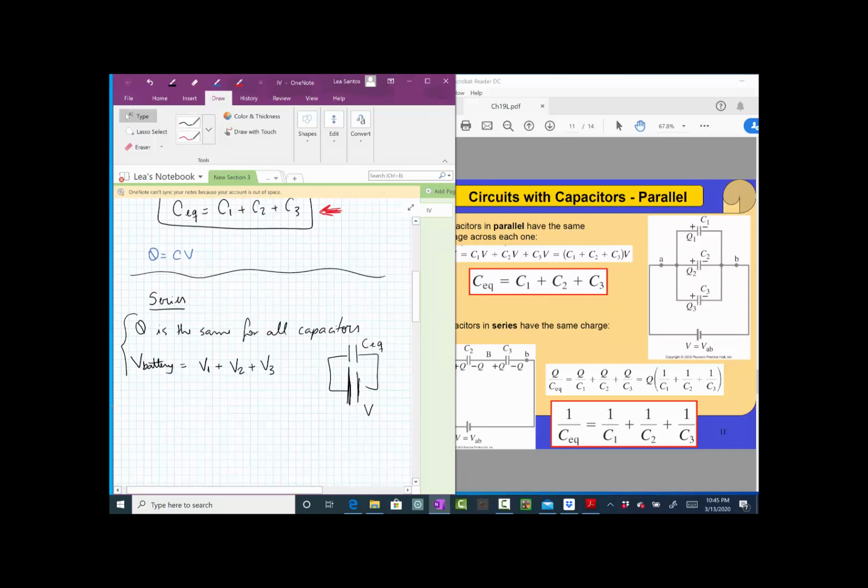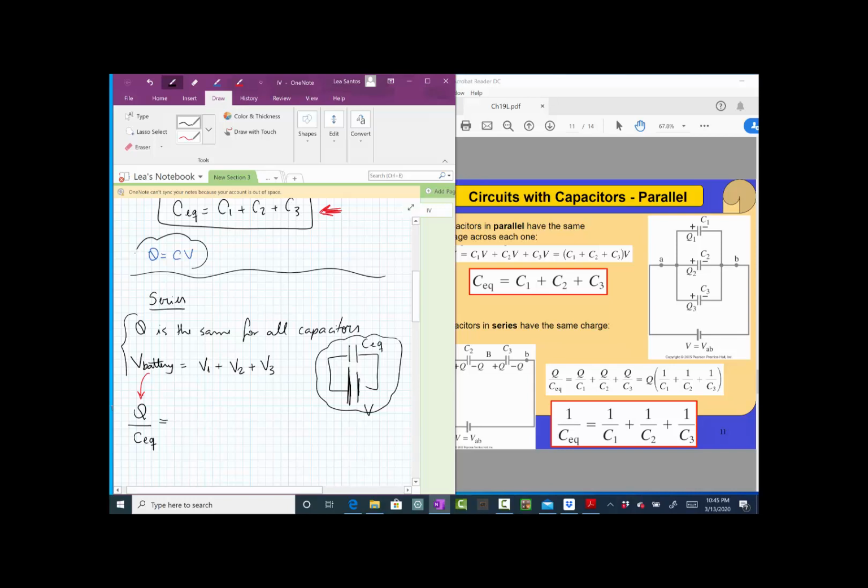Well, let's start now from this equation here. What is the potential difference of the battery? The potential difference of the battery will be Q divided by the equivalent capacitance. I'm thinking now about this circuit here. How about V1?